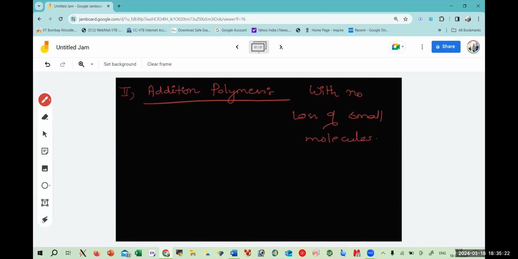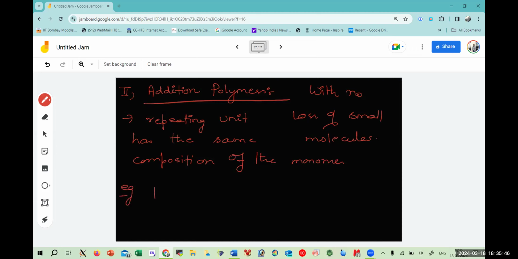Here the repeating unit has the same composition as that of your starting monomer. For example, polyethylene monomer is ethylene only. So that is your repeating unit, that is your starting unit. So it doesn't require two different monomers, it's only the type A.